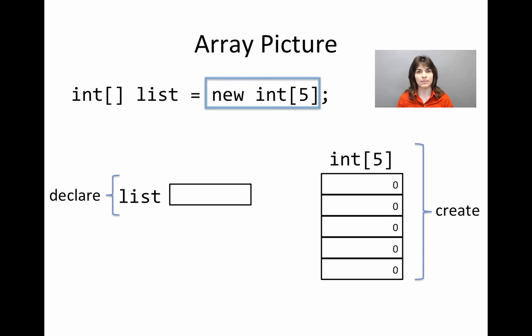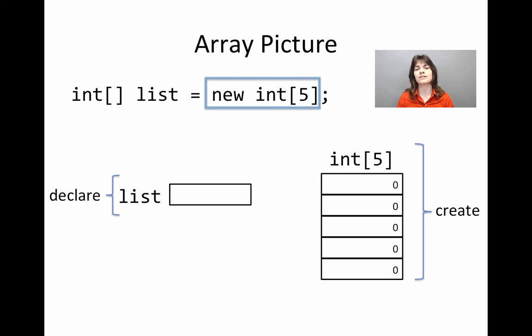The second thing that happens is the actual creation of the array, and that happens again with the new operator. New int 5 allocates in the memory 5 spaces so that we can store 5 integers. At the same time, all those elements, all those integers, get a default value, and the default value for an int is the value 0.